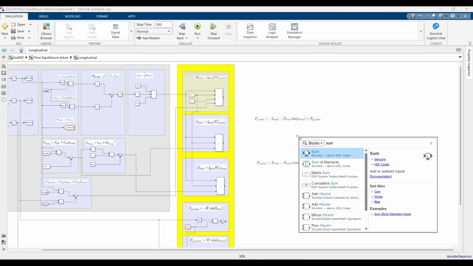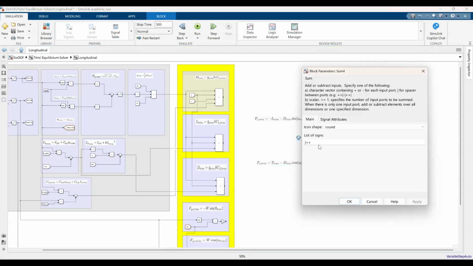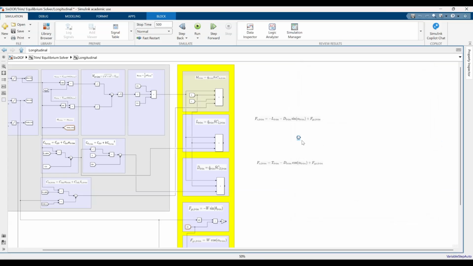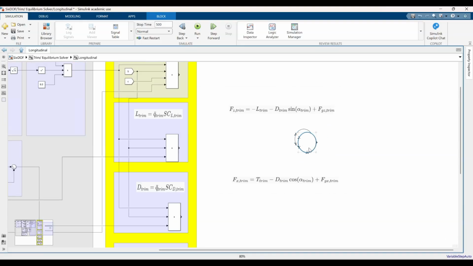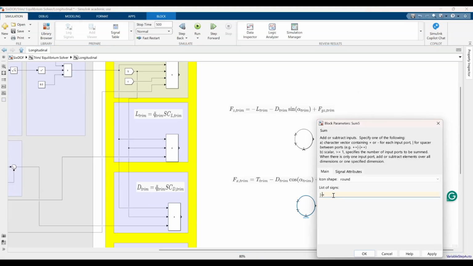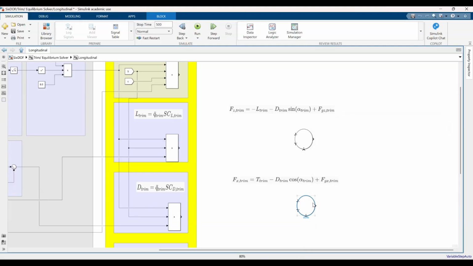So I will use a sum block for this, double click. This one is gonna be negative, negative, positive, and I can actually zoom in, make this a bigger one so it's visible clearly. Let's get another one of those, and this will be negative, positive, positive, just like the signs are in this formula.